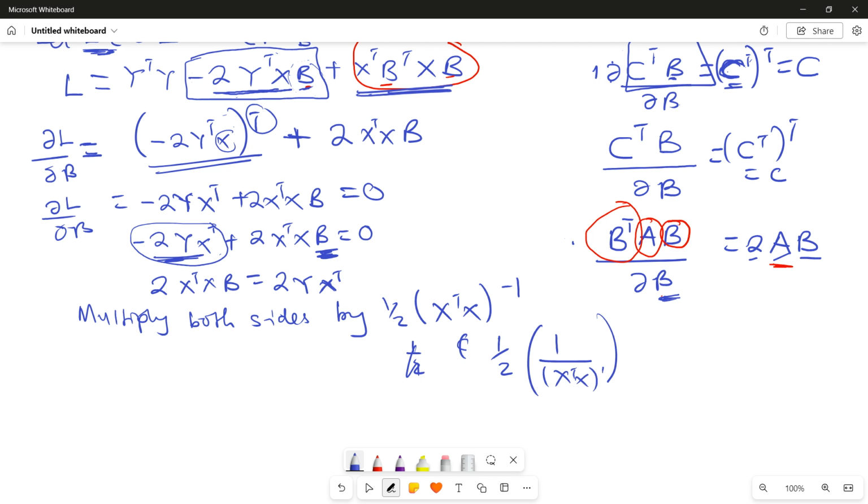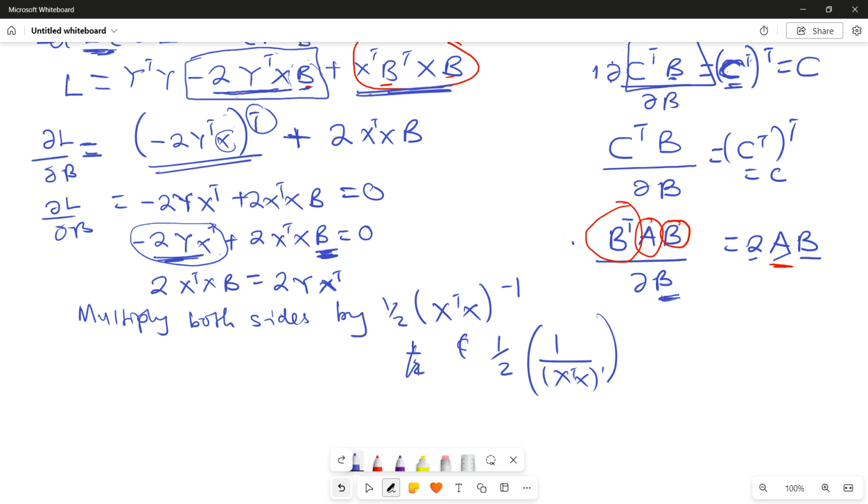In short, we're taking the term x transpose x in the denominator, but the rule is that we cannot divide matrices. So what do we do? Just introduce the inverse. It's against the laws of mathematics.